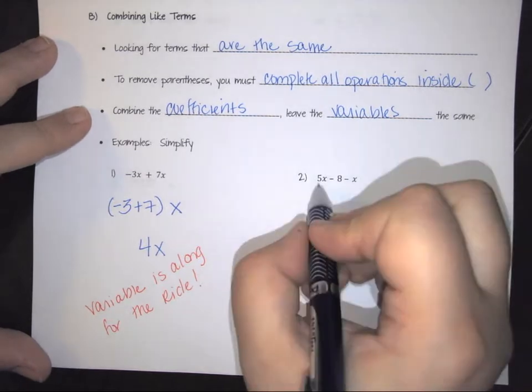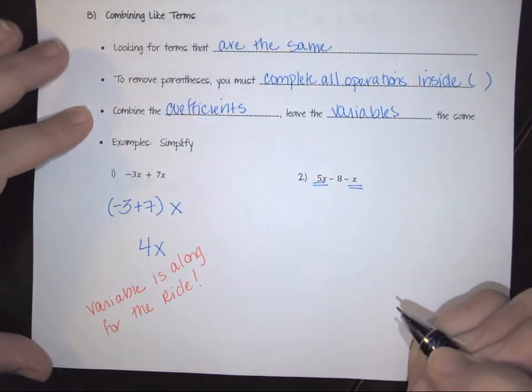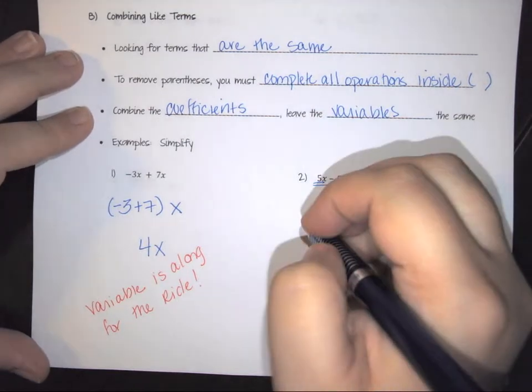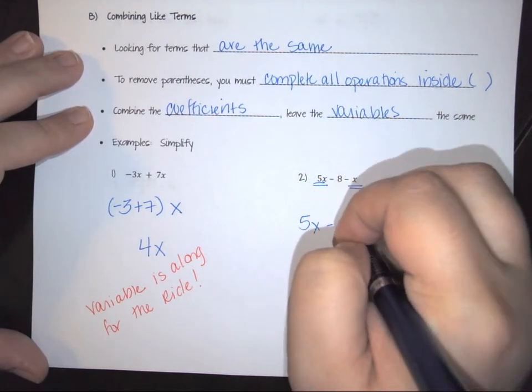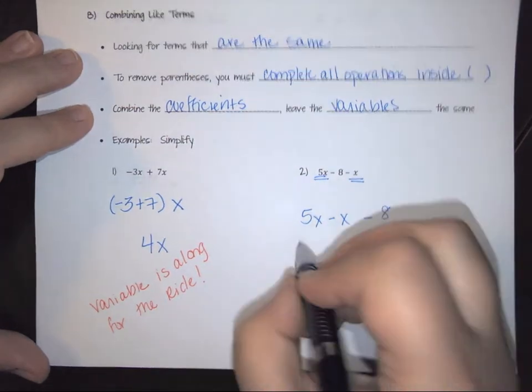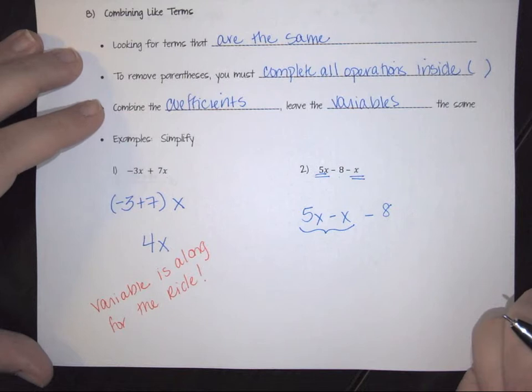Looking at this second one, I have a 5x and I have an x and I have this 8 in the middle. So what I always like to do is write my terms next to each other. So 5x minus x minus 8. And this part right here is the part that will combine.